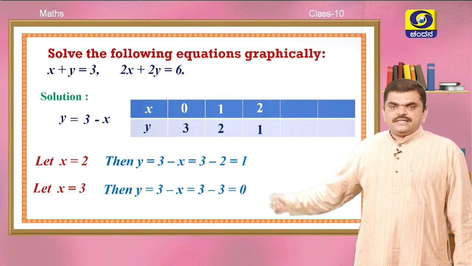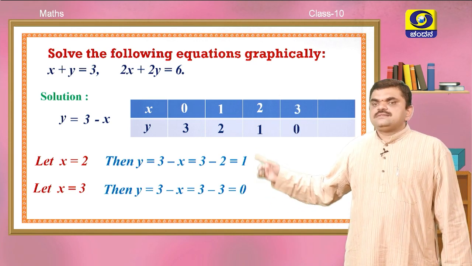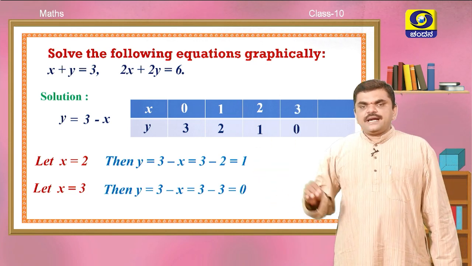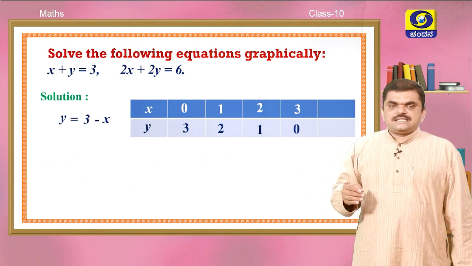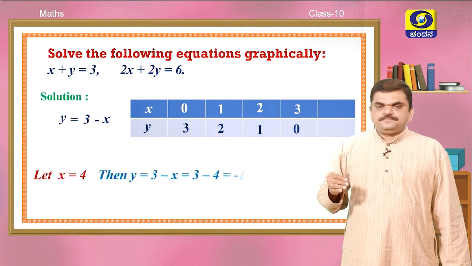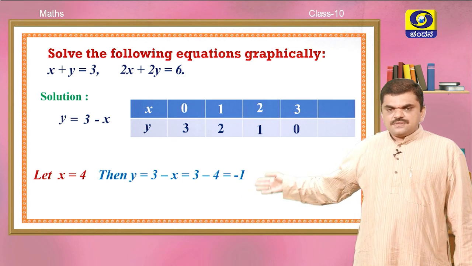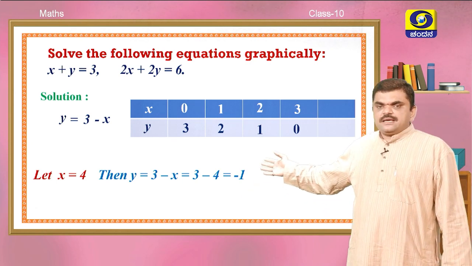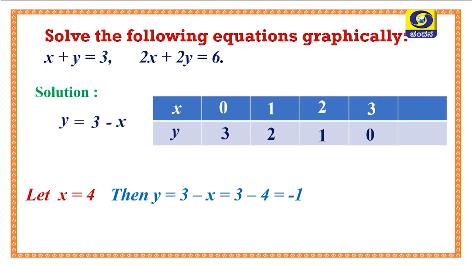So, x coordinate 3, y coordinate 0. And again one more, x is equal to 4, then y becomes 3 minus 4, that is minus 1, children. So, x coordinate is 4, y coordinate is minus 1.